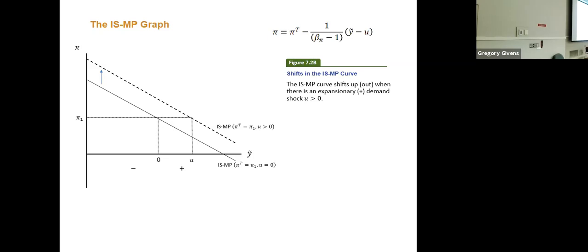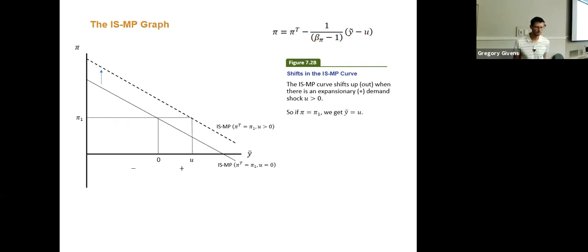So the IS-MP curve here would shift up, or maybe more logically shift to the right by the size of the demand shock here. Now notice how particular I'm drawing this. Here's the new IS-MP equation where target inflation is still equal to pi 1. That hasn't changed, but the demand shock is now positive. A negative demand shock, a contractionary fiscal policy, would do the exact opposite, shift the IS-MP schedule to the left by the size of the shock.